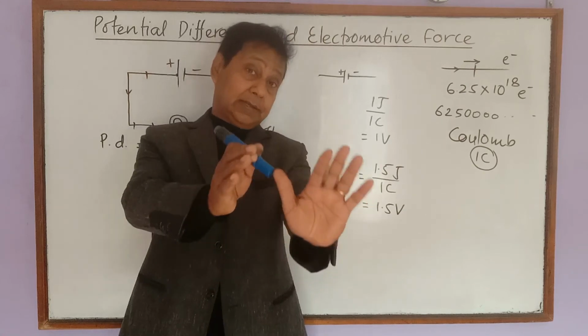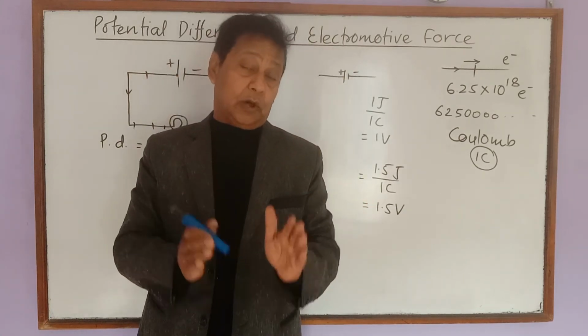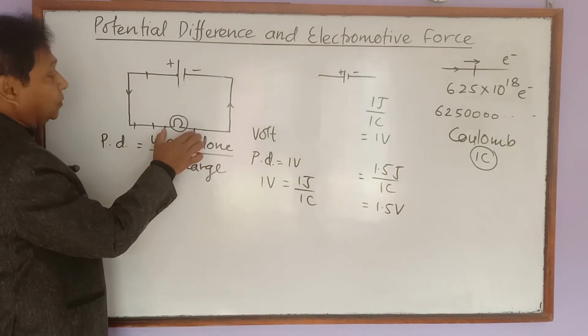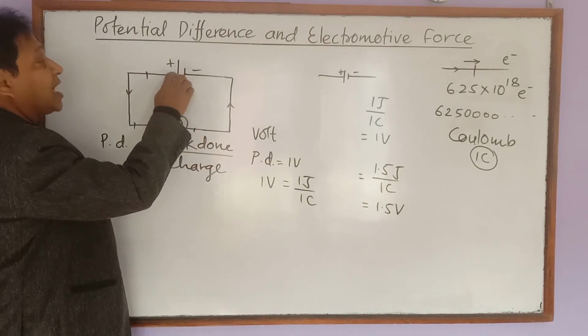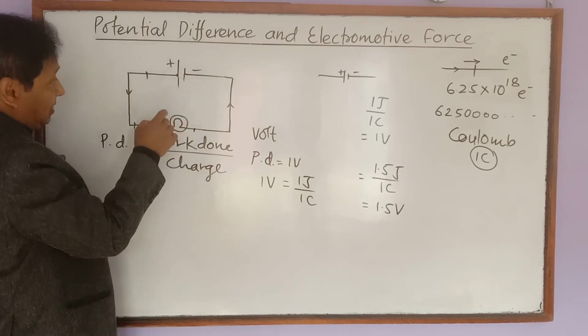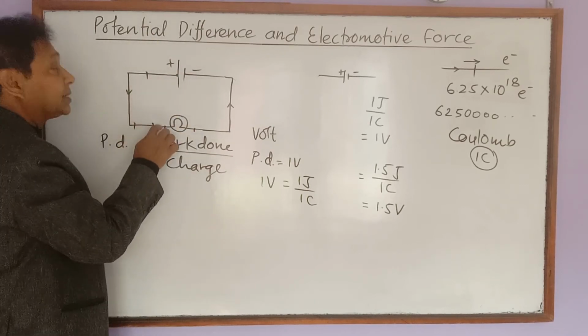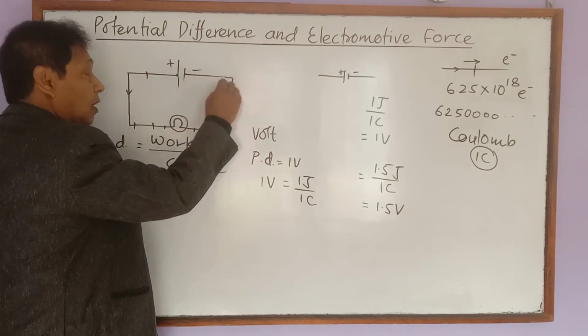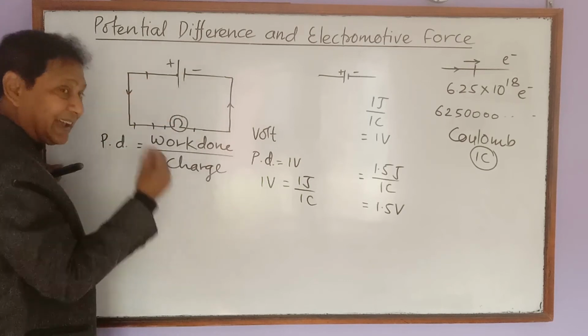That means energy delivered by a source for the flow of 1 unit charge around the circuit means the work done between these 2 points plus the work done inside the cell. Inside the cell, we have certain chemicals, and work is not done in this conductor because the obstruction of the flow of current in the conductor is negligible.